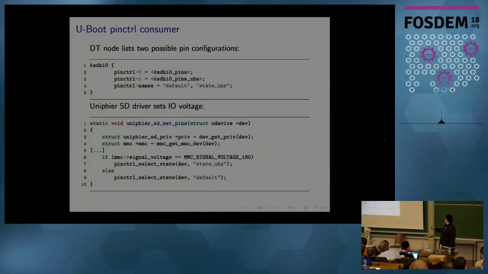So in this case, either UHS or default, so it's matching to this one. This specific case is an eMMC controller which is operating eMMC in either 3.3 volt setting or 1.8 volt UHS setting.